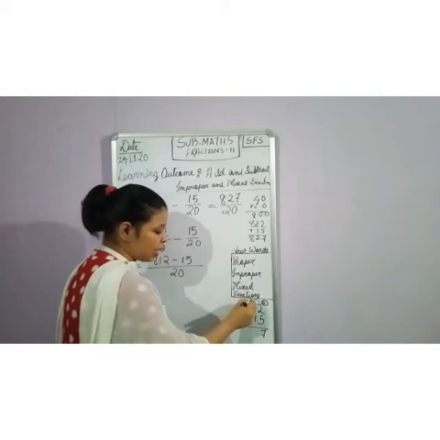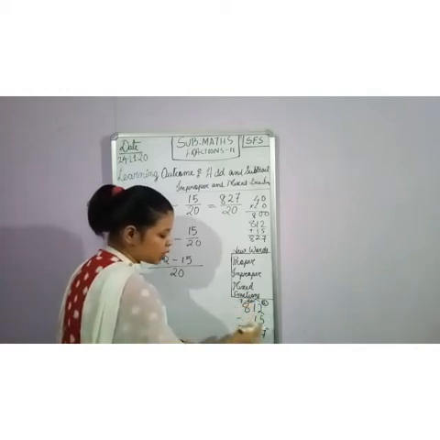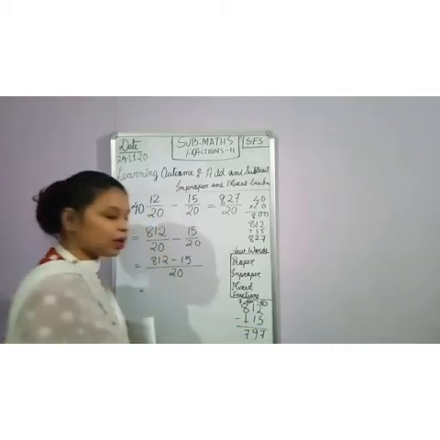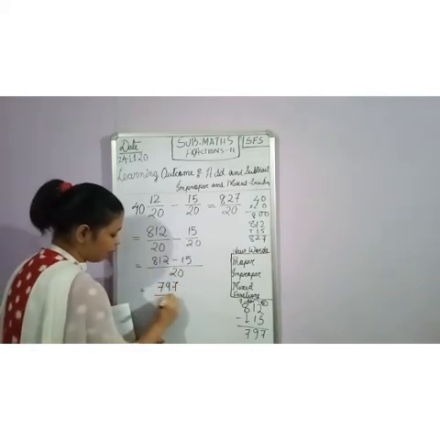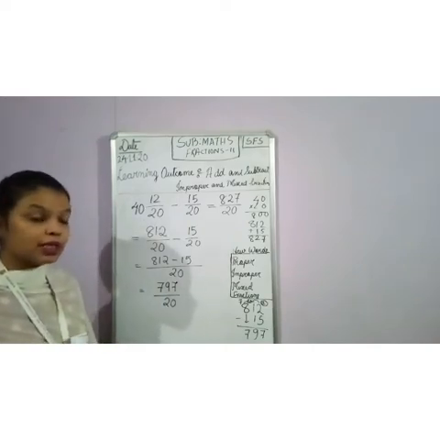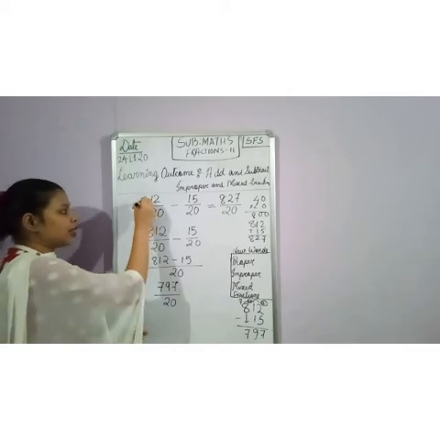So this 0 will take 1 from here and it will become 10. So 10 minus 1, 9, and 7 will come down. So how much have we got? 797 by 20. So this is the process of doing subtraction. Same process here also, multiply and add.